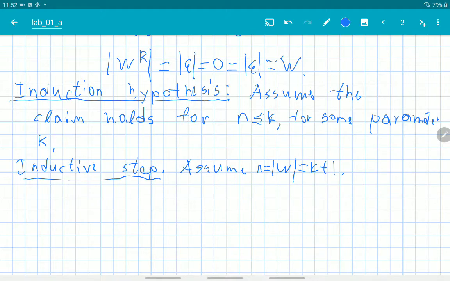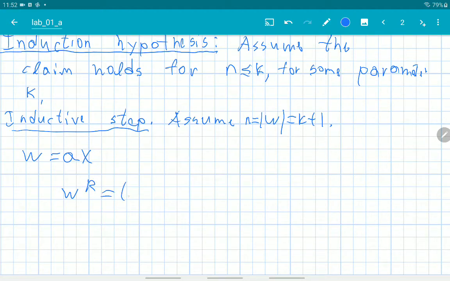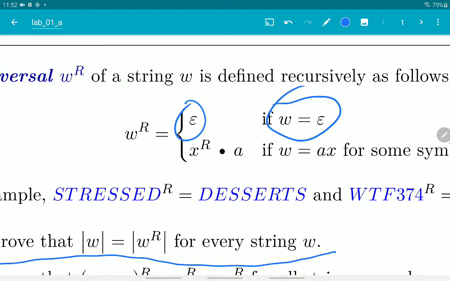So assume that the length of the string is k plus 1, right? Then w can be written as ax, right? So then w^R is equal to (ax)^R. Now we need to look at the definition of the reverse operator.